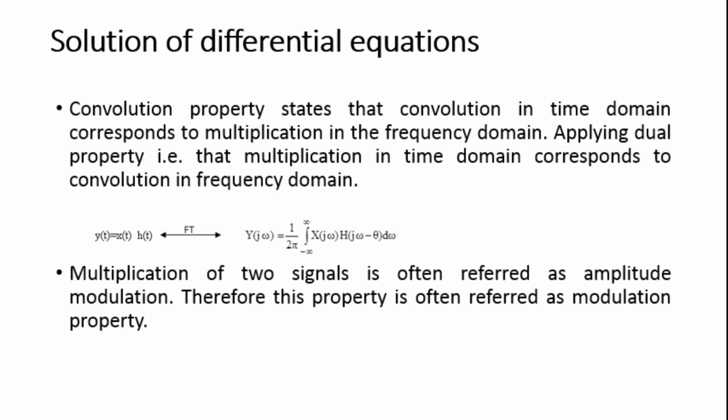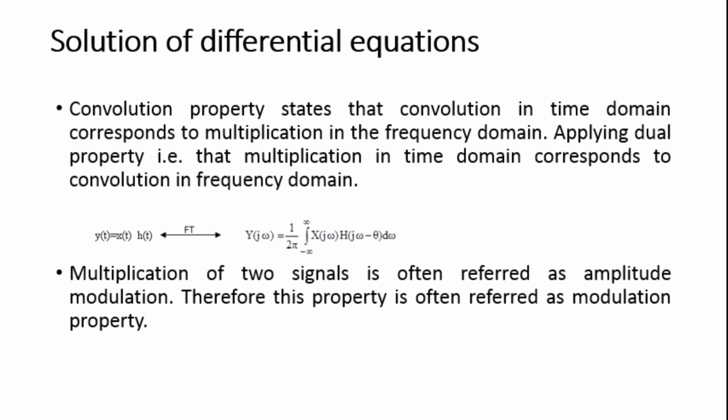Then the convolution property states that convolution in the time domain corresponds to multiplication in the frequency domain. Applying the dual property, multiplication in the time domain corresponds to convolution in the frequency domain.